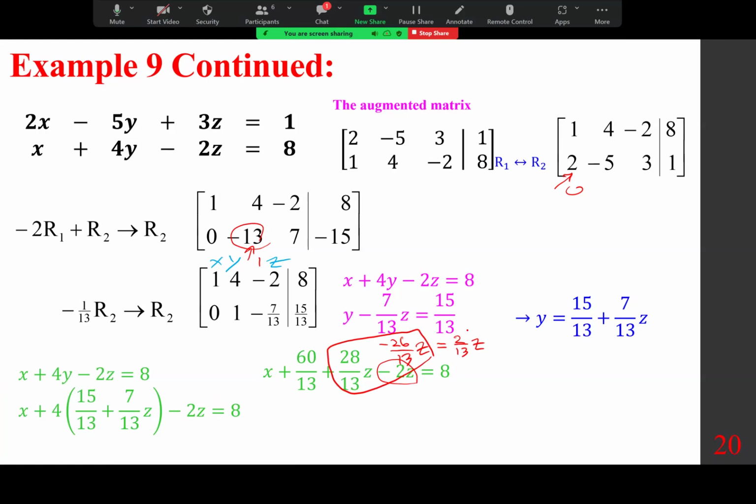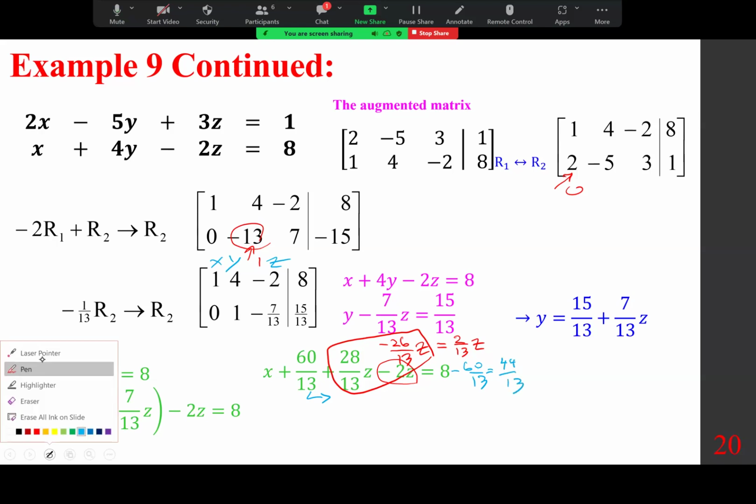And then you have to move this one, and 8 minus 60 over 13. 8 times 13 is 104 minus 60 makes it 44 over 13. I hope this is 44 over 13.